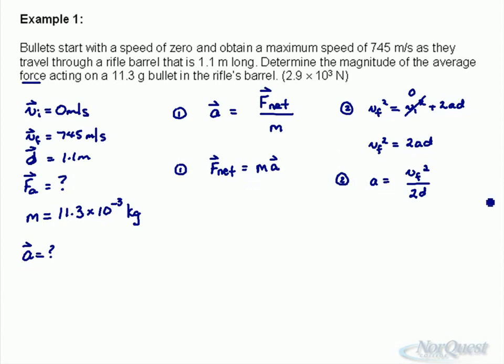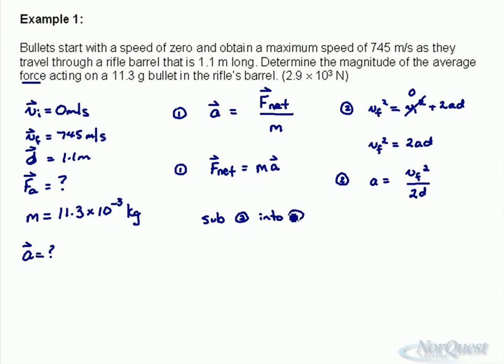Since I know what A stands for, I can substitute, and this is something you're going to see me do quite a bit, substitute equation 2 into equation 1. And what we're going to create is one single formula that I only have to put the numbers into once.